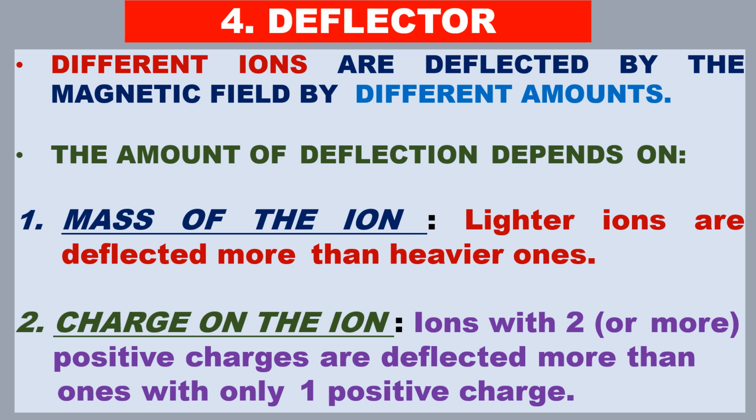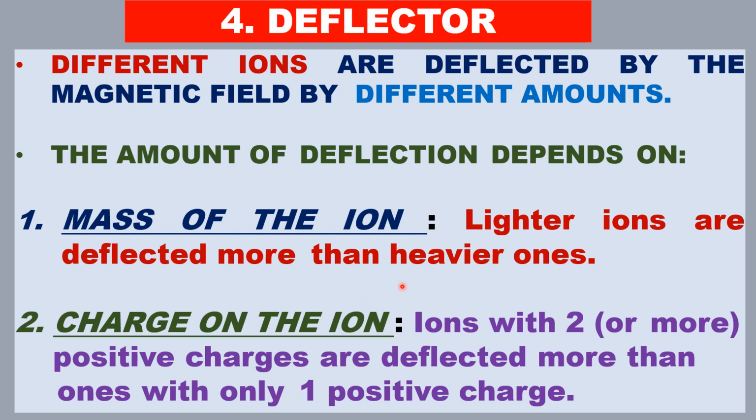So what is deflector? It consists of a powerful electromagnet. Different ions are deflected by the magnetic field by different amounts. Okay, by means of electromagnet, the different ions are deflected by different amounts. The amount of deflection by the ions depends on the mass of the ion and the charge on the ion.